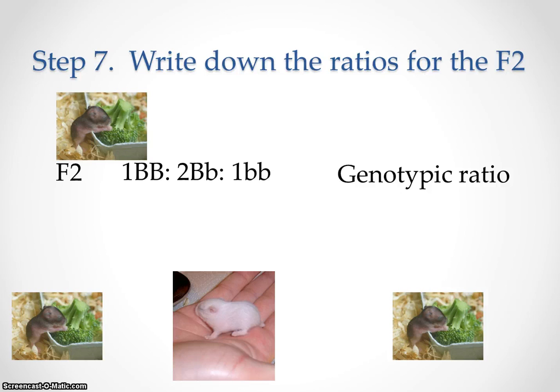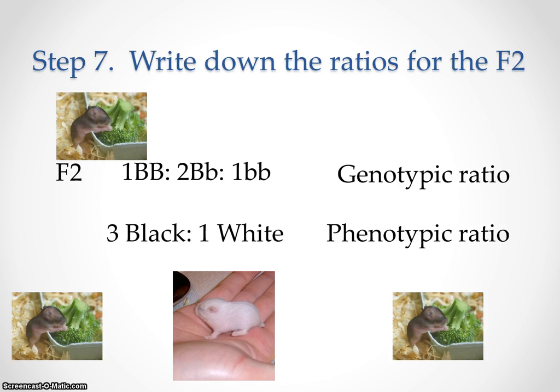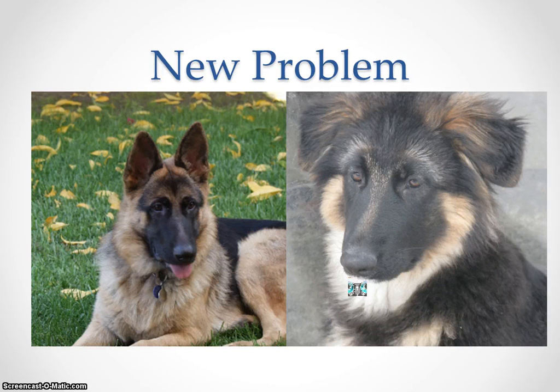Our phenotypic ratio, because big B, big B will be black and big B, little b will be black, we're going to have 3 black hamsters to 1 white hamster. That's how you set up a genetic problem.